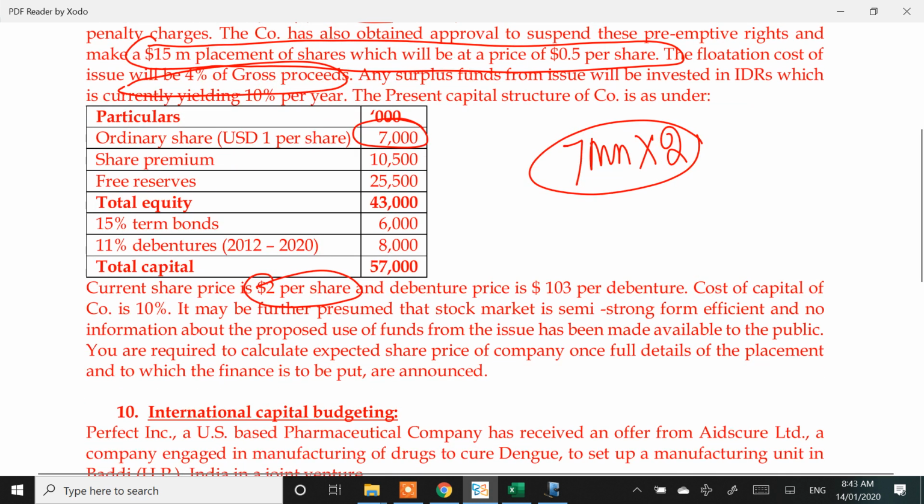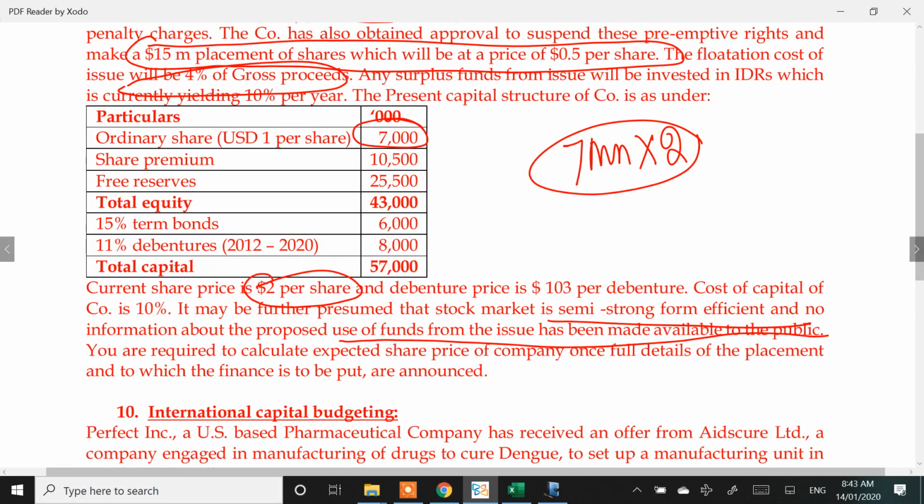It is further presumed that the stock market is semi-strong form efficient and no information from the issue has been made public. This is basically a theory area. Markets can be strong, semi-strong or weak. If everybody has an understanding of all publicly available information and is able to understand how that information will affect a company, then it's strong form market efficiency, which is very rare because a lot of people invest in a company without even knowing what the company does.